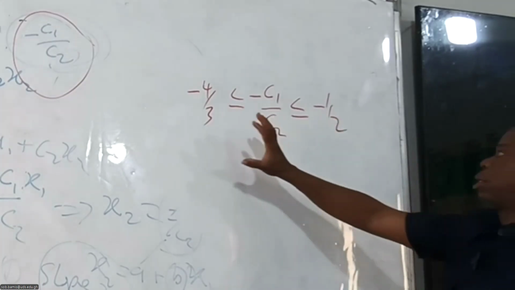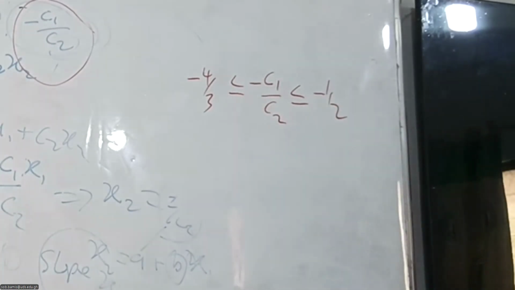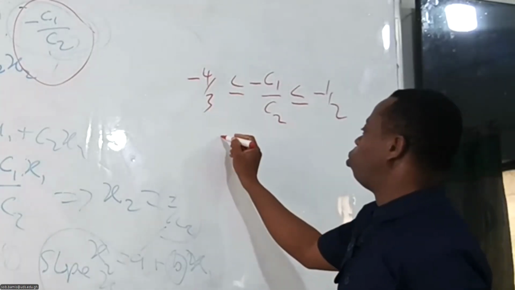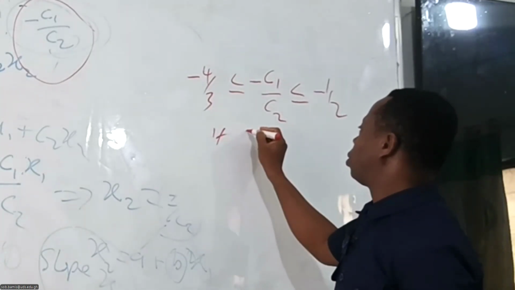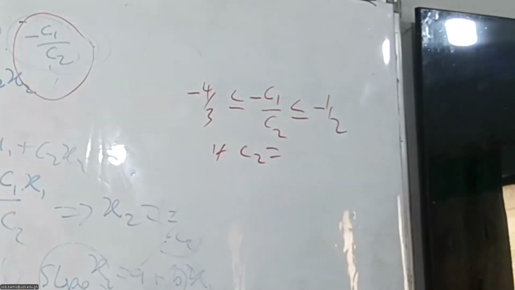Okay. So with this, we can find the boundaries. So for instance, suppose C2. From our example, if you go back to the objective function, C2 is 50.